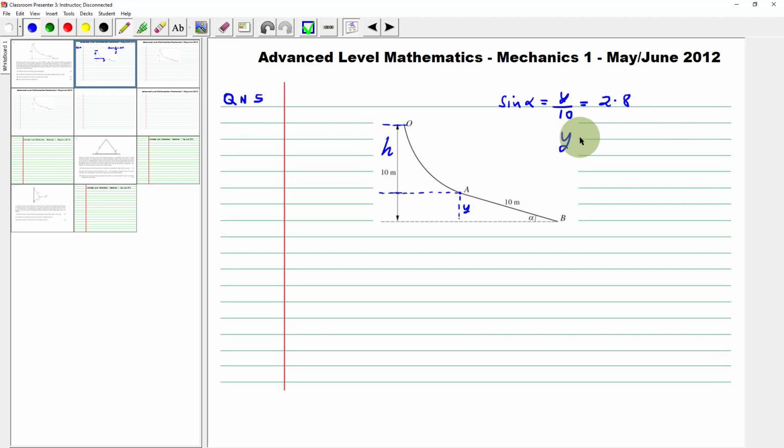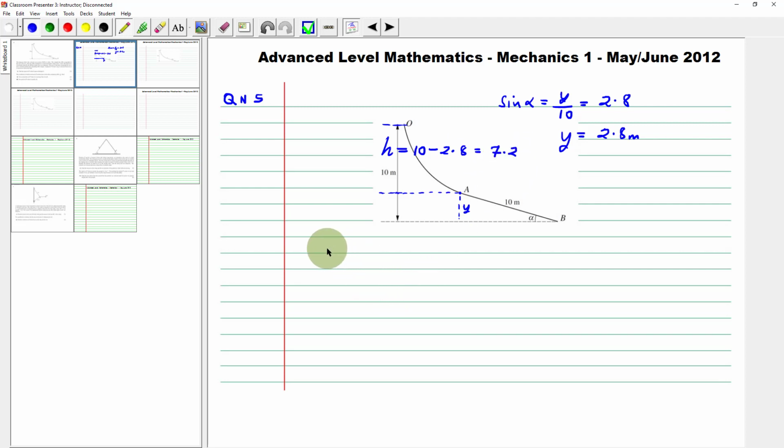Of course, this tells us that y is 2.8 meters. So we can get h. h is going to be equal to 10 meters minus 2.8, and that will give us 7.2.